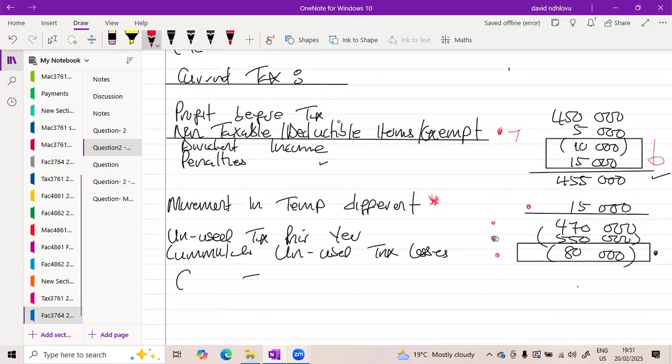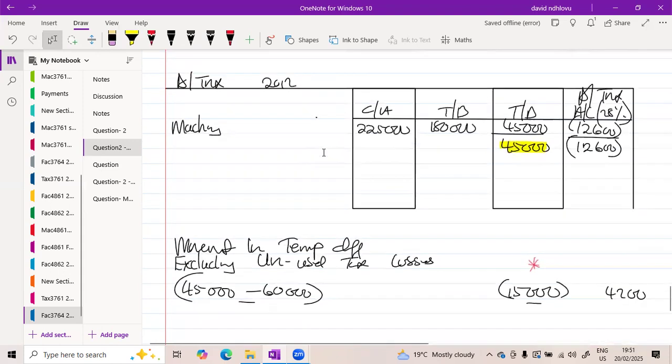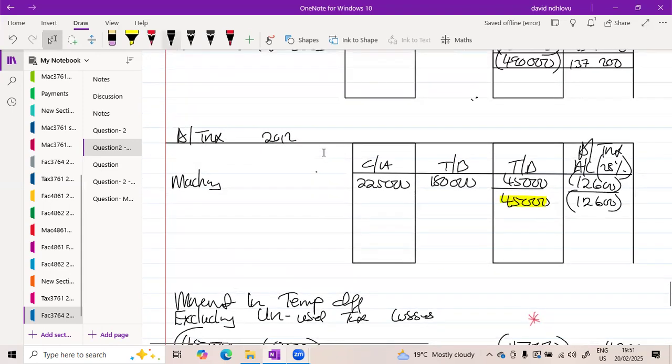We still have a positive 15,000, and from the 550,000 we're still going to end with 80,000. So nothing changes on the current tax calculation. It's the same example. The only change is going to affect us when we go to deferred tax in the current year and we deal with unused tax losses.